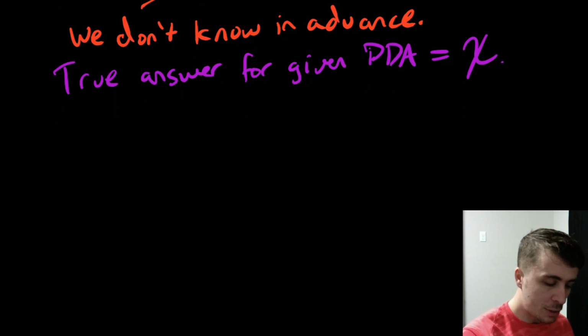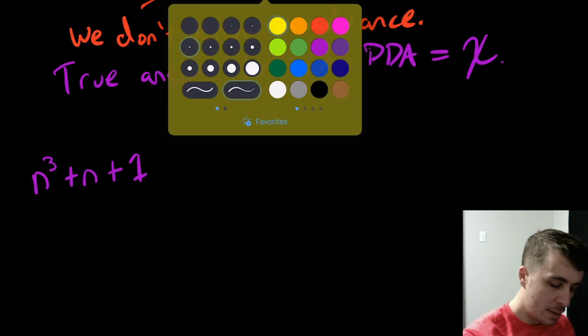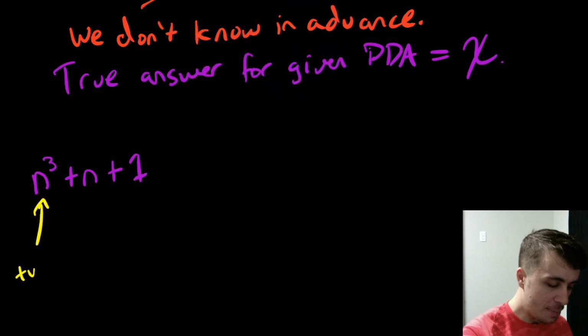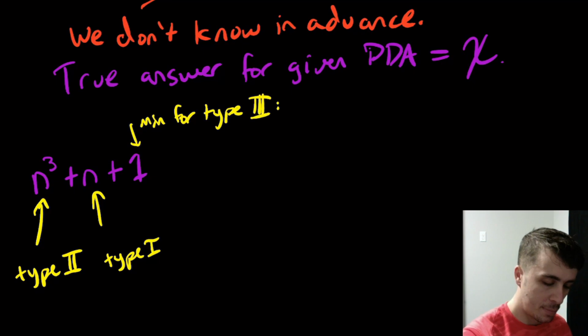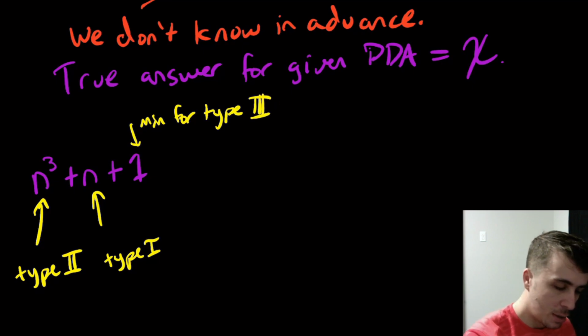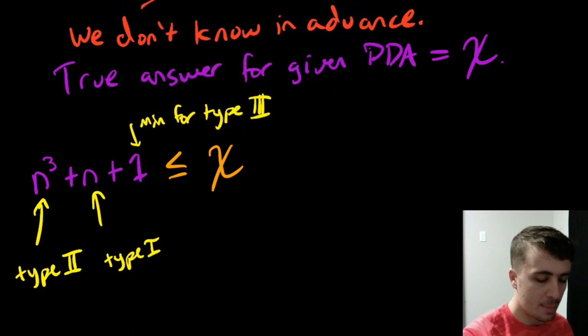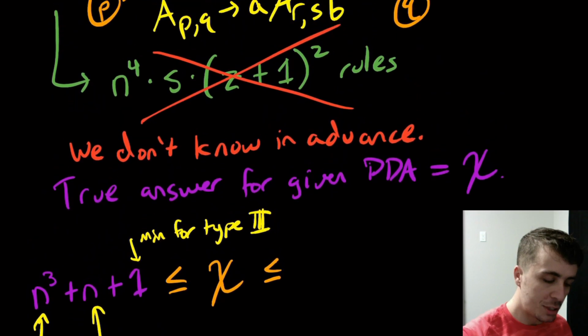It's always going to be at least n cubed plus n plus 1, where the n cubed comes from type 2, the n comes from type 1, and the 1 here is the minimum for type 3. So this is going to be the lowest that chi can be.